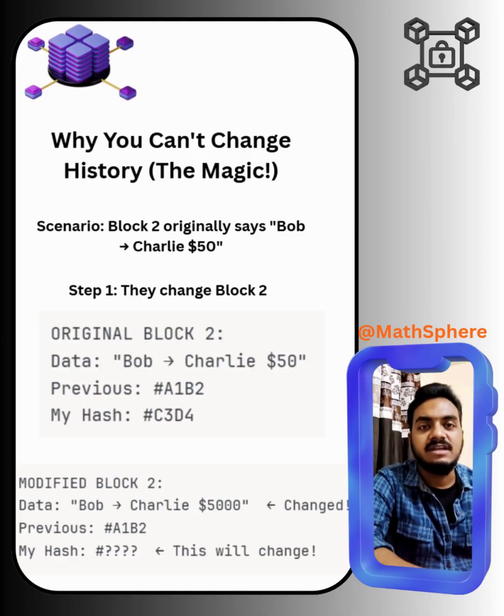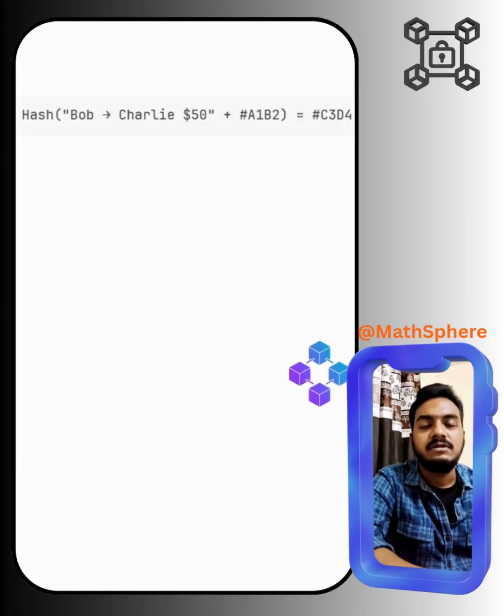Now, since the message has been modified from $50 to $5,000, it will still contain the fingerprint of the first block, same as it is, but now for block 2, the hash will change. You can see here how from C3D4 it got changed to Z9Y8. So now the block 2 hash will be hashtag Z9Y8. Now, what will happen if the fingerprint of block 2 gets changed?